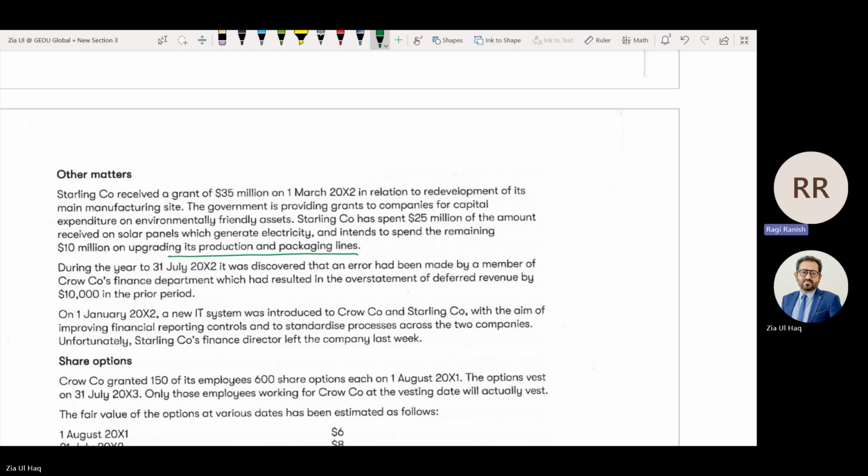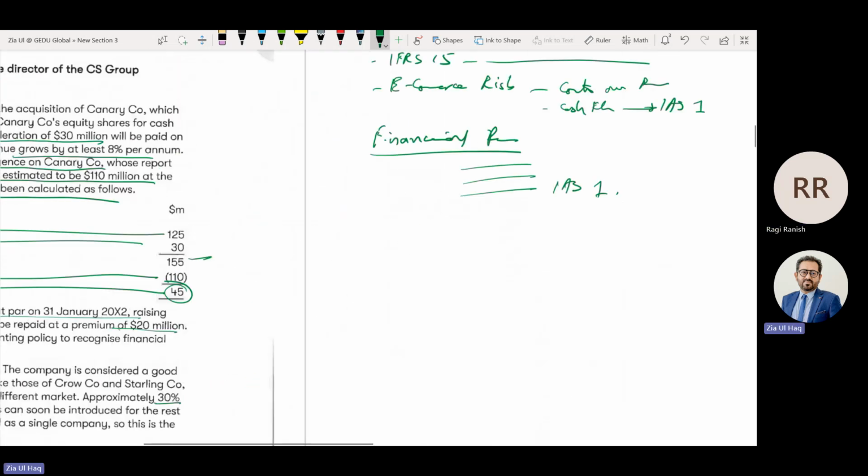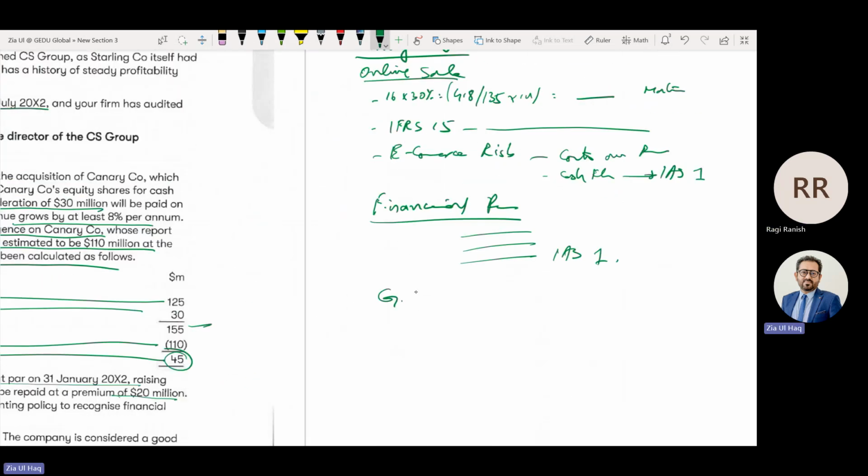Let's put a heading, what? Government grant. First, we will compare this 35 and hence material. We'll discuss per IAS 20, capital nature must be deducted from asset cost with the remaining, and then per IAS 37, in case of breach of condition, there must be provision.